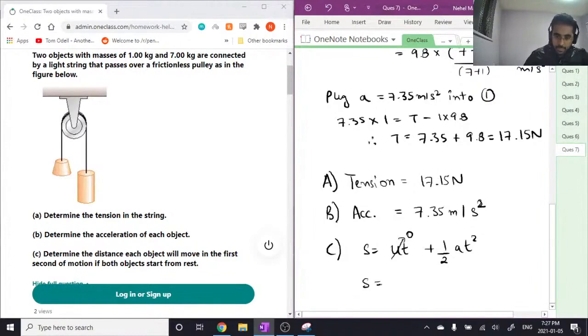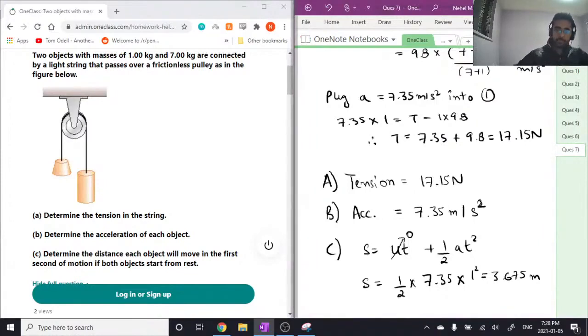S equals half of 7.35 times 1 squared, so 7.35 divided by 2, which is 3.675. So both masses would move 3.675 meters in the first second.